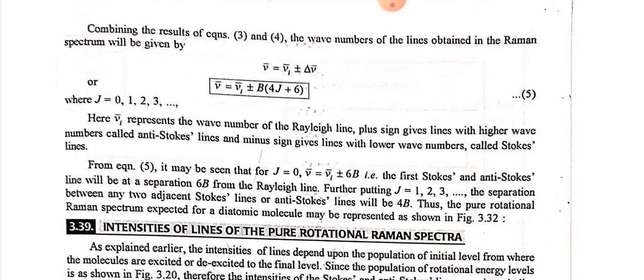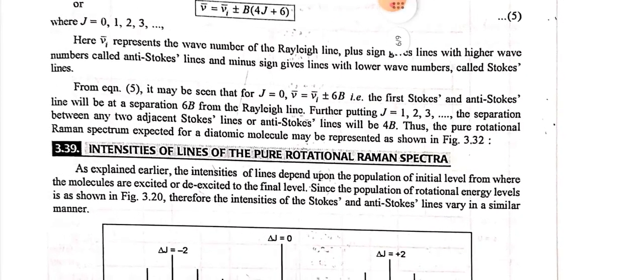Combining equations 3 and 4, the wave number of a line obtained in a Raman spectrum will be given by nu bar equal to nu bar i plus delta nu bar. So nu bar is equal to nu bar i plus or minus B into 4J plus 6, equation 5, where J is equal to 0, 1, 2, 3 and so on, and nu bar i represents the wave number of Rayleigh scattering. The plus sign gives the higher wave number, called anti-Stokes, and the minus sign represents the lower wave number, that is the Stokes line.